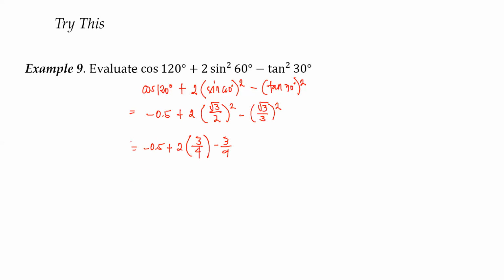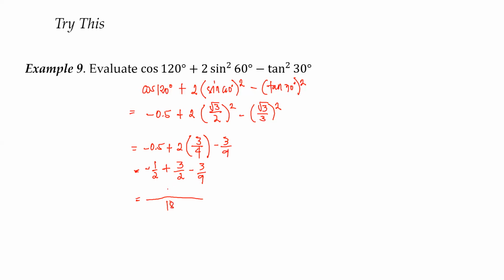So let us have this in terms of 1/2. This will be simplified into negative 1/2 plus 2 times 2 over 4, that's 1/2. So that's 3/2 minus 3 over 9. Find the least common denominator for 2 and 9, that is 18.